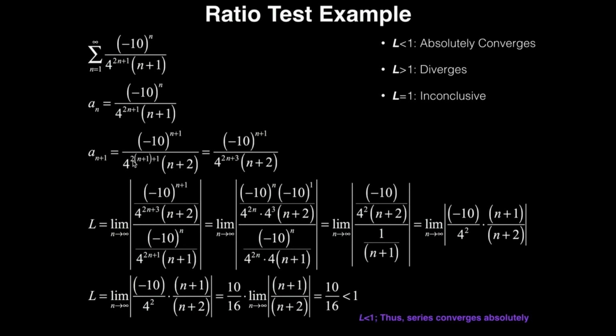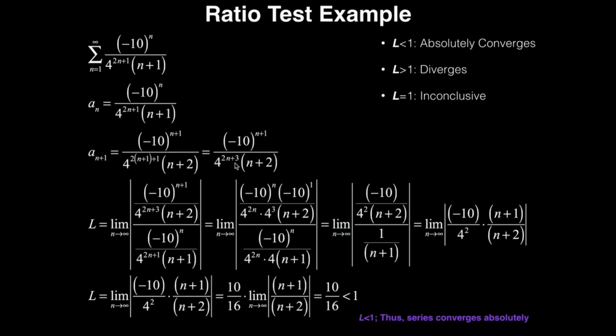So this will be 4 to the 2 times n plus 1 and then plus 1. And then this n plus 1 just becomes n plus 2. Now if I simplify this, I still have negative 10 to the n plus 1. I still have this n plus 2 here, but now when I distribute this 2 to the n plus 1, I'll initially get 2n plus 2, but then I've got an extra plus 1, so it'll be 4 to the 2n plus 3.